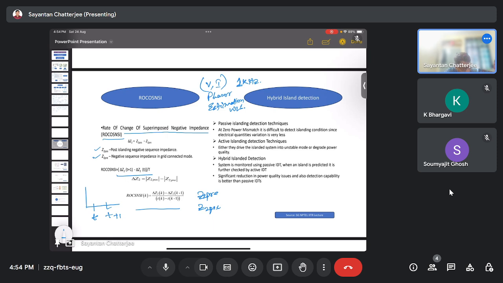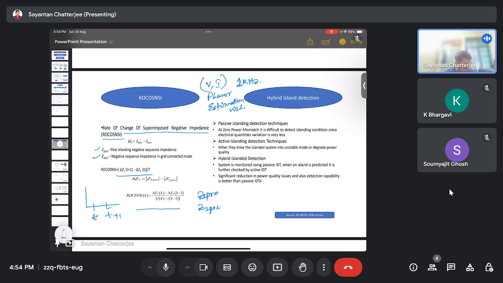Based on that we can find the rate of change of negative sequence impedances. In normal operating cases we will observe values nearing zero, but if islanding occurs, these values would change.